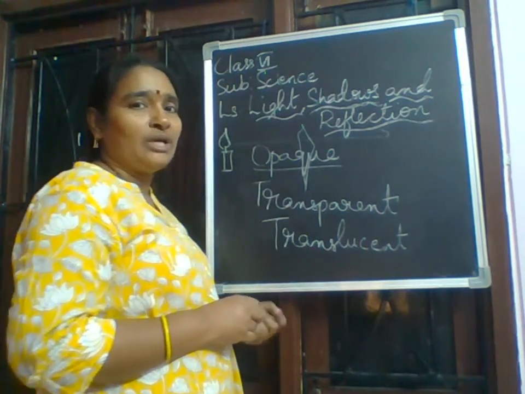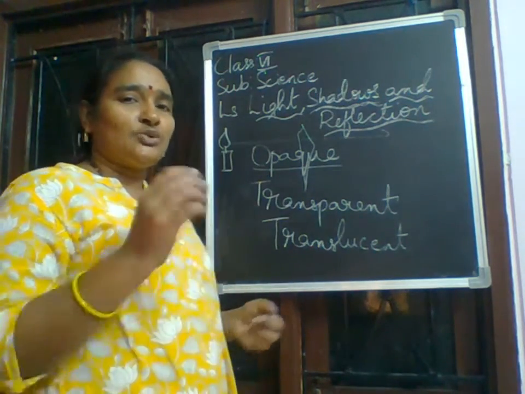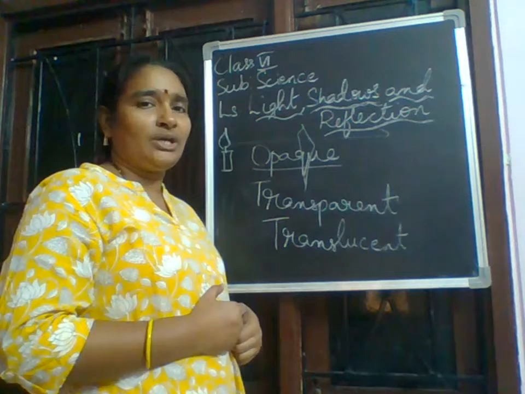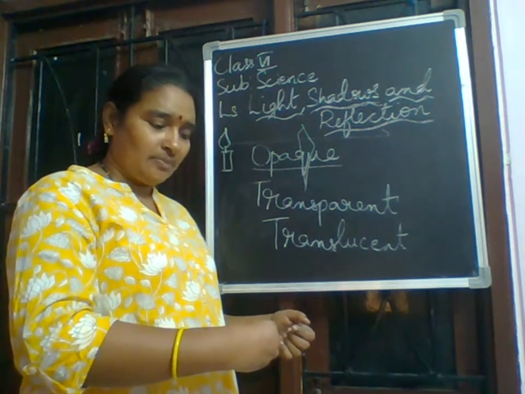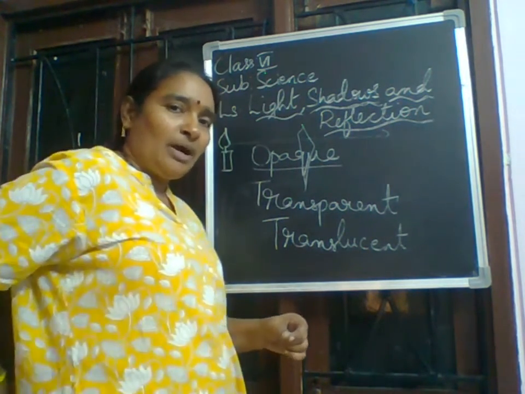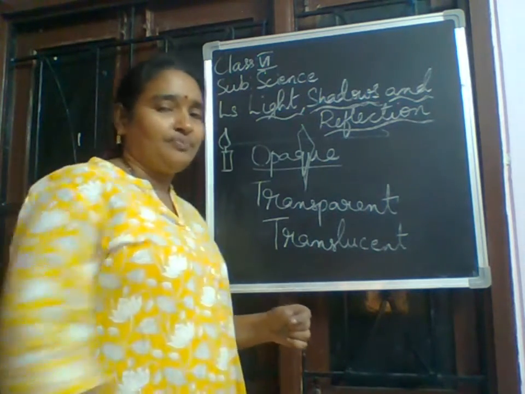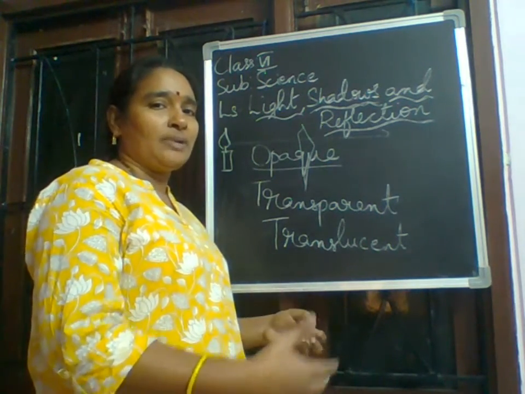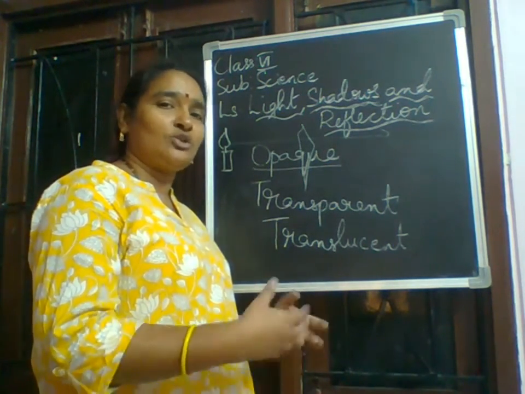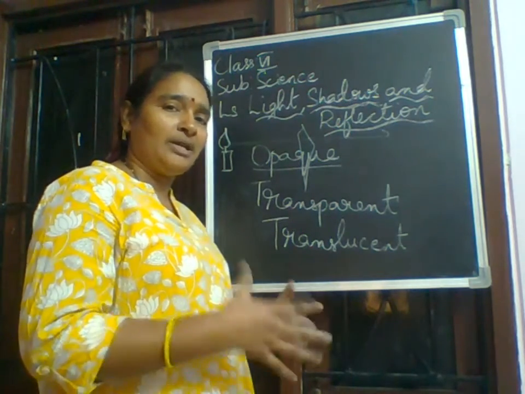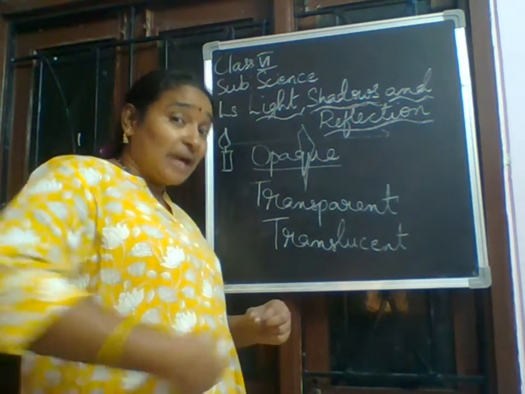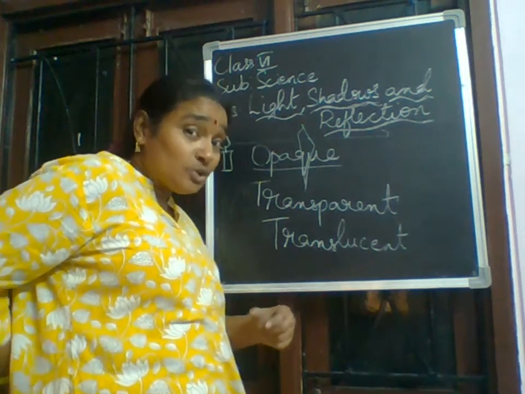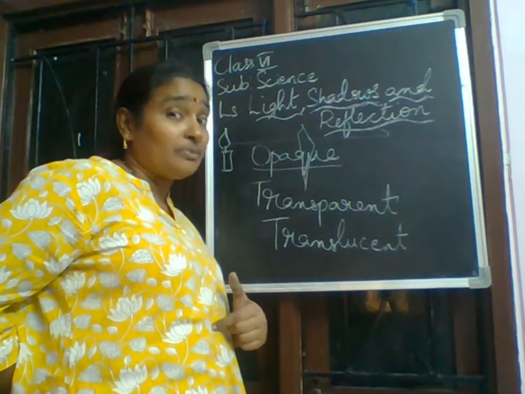For example, today after my class, take a burning candle. Keep your lighted candle in front, and ask whoever is with you, like your elder brother, younger brother, sister, father or grandpa, anyone, whether the candle flame is passing through their body. Can you see the candle flame from the back of them?